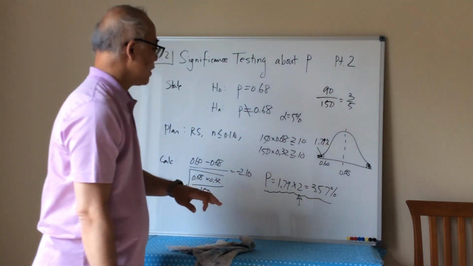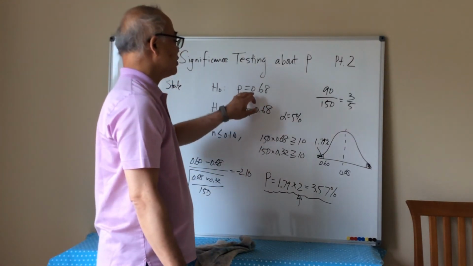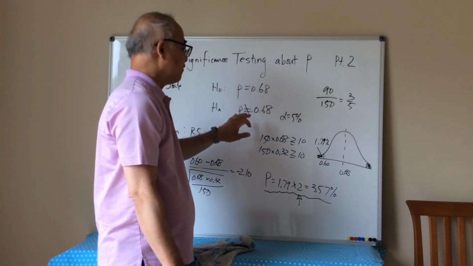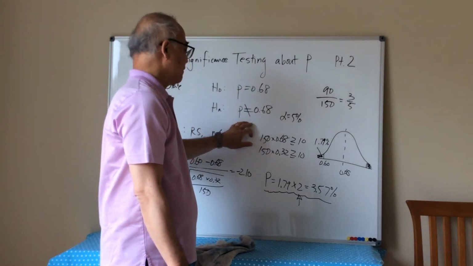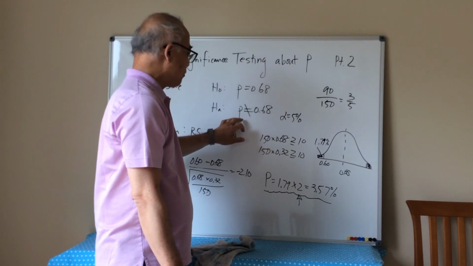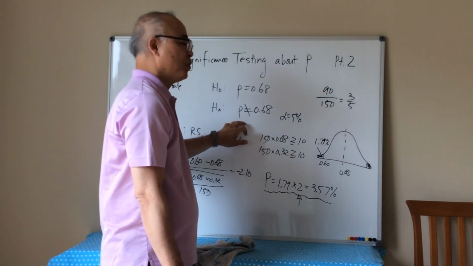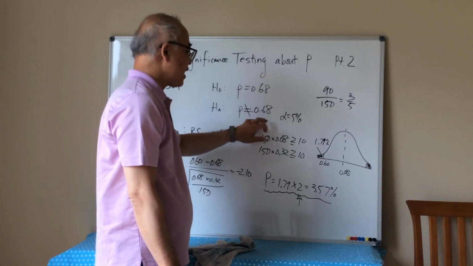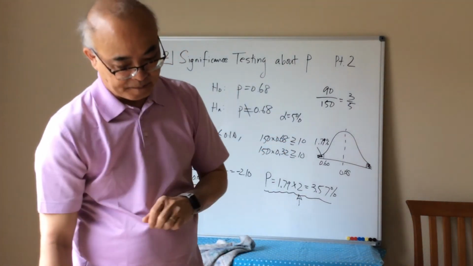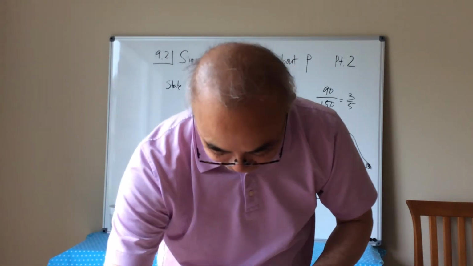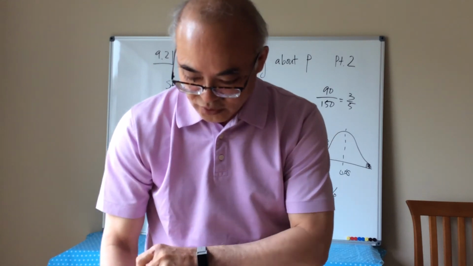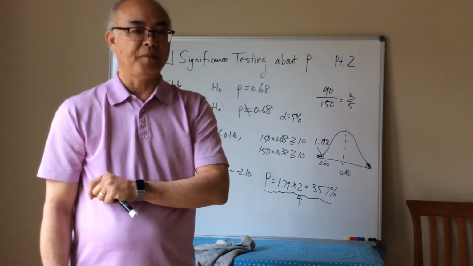So our conclusion is that we reject the null. We have convincing evidence that the true proportion of high school students who have never smoked is not 68%. And so that's that. We'll finish up 9.2 with this.